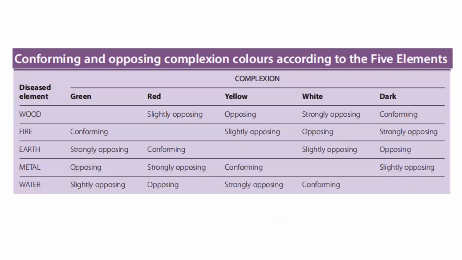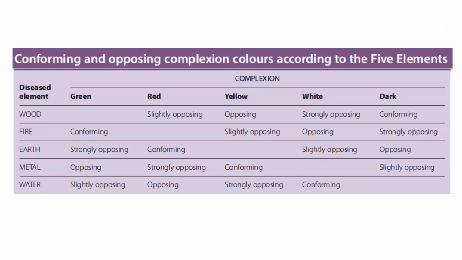Now we have here a table of conforming and opposing complexion colors according to the 5 elements. In wood pattern, red is slightly opposing, yellow is opposing, white is strongly opposing, and dark is conforming.